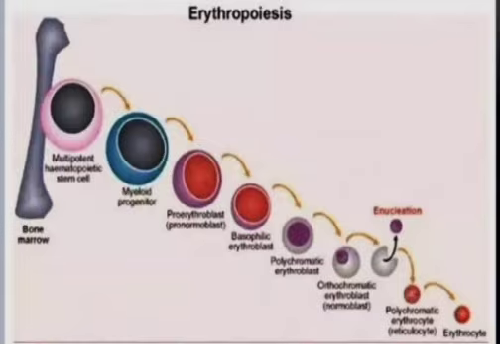Reticulocytes are already mature red blood cells. So at the stage of reticulocytes, red blood cells can appear in the circulation. Okay? So they are already mature red blood cells.